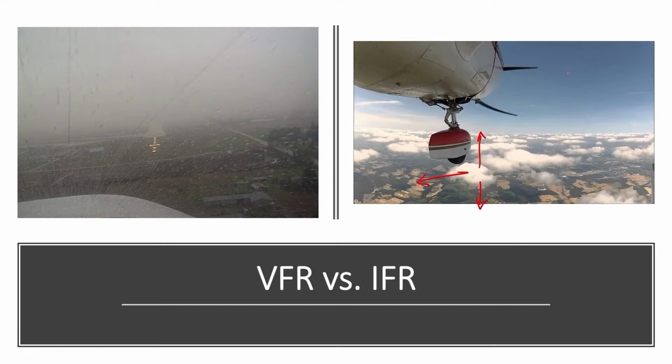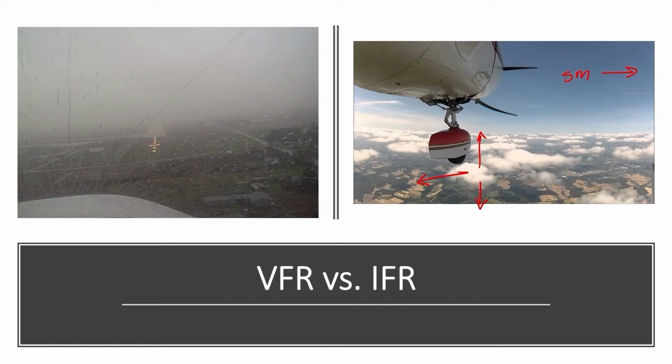And then how many statute miles of visibility can you actually look out the window and see? Okay. So you have to maintain the cloud clearance and also the visibility requirements, and every airspace is ever so slightly different. Okay. You're going to be expected to know those values, and that's what VFR is.